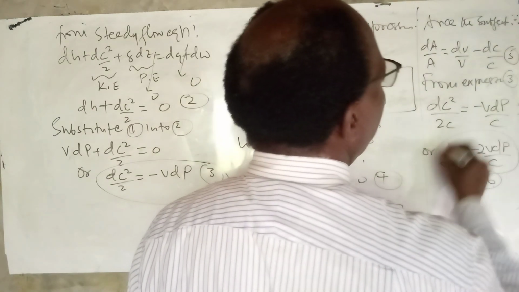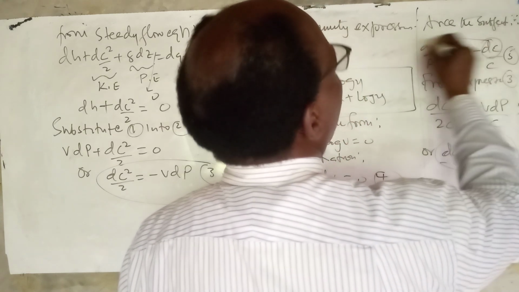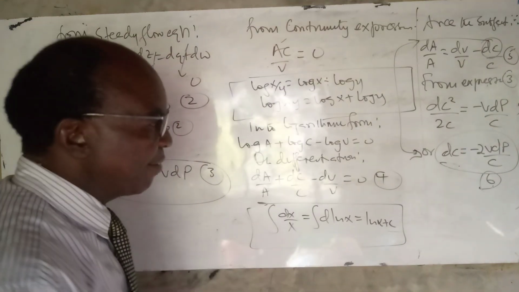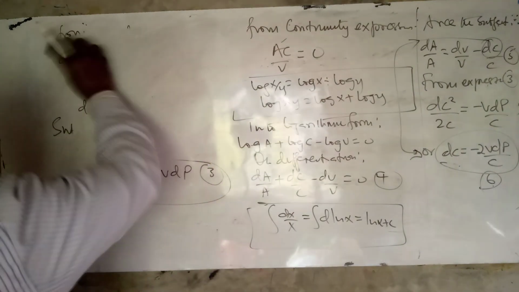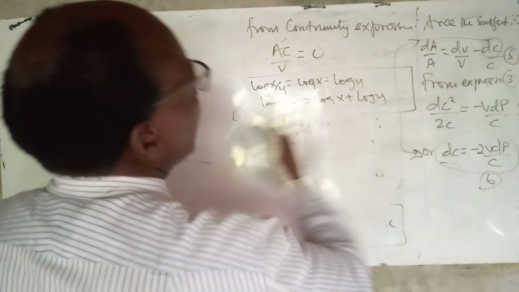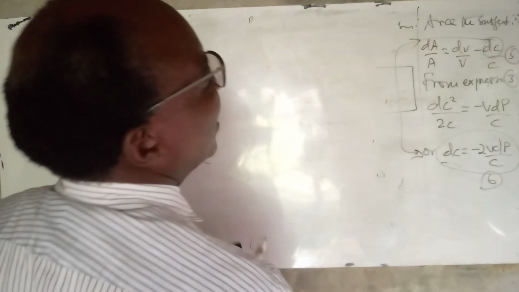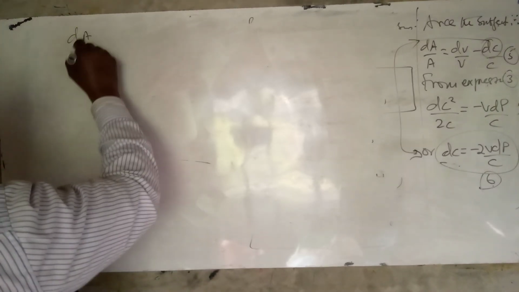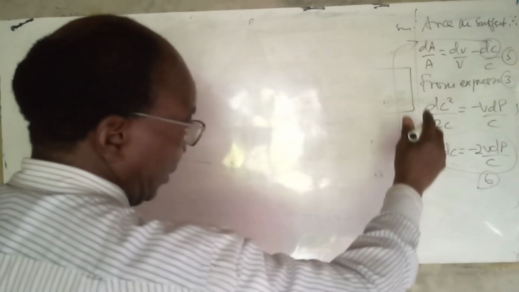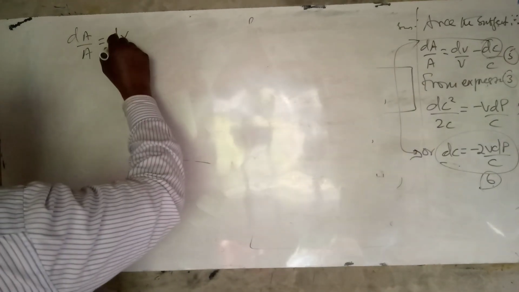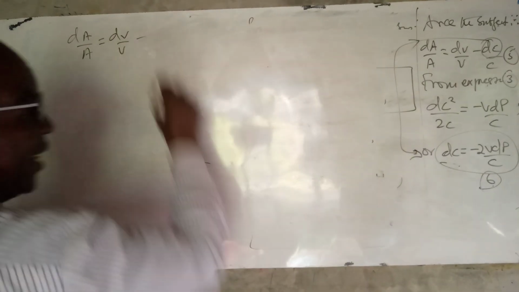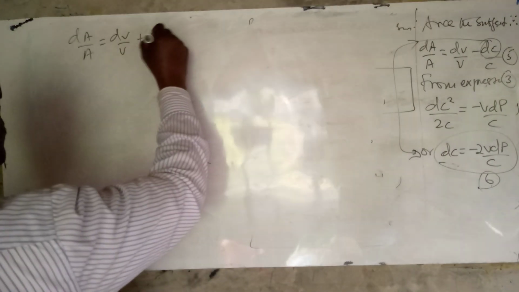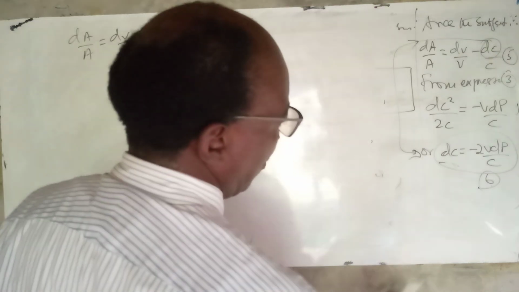If we substitute expression 6 into expression 5, what do we obtain? Very simple. We have dA over A is equal to dV over V minus, putting this value, minus V dP over C squared, it becomes plus V dP over C squared.